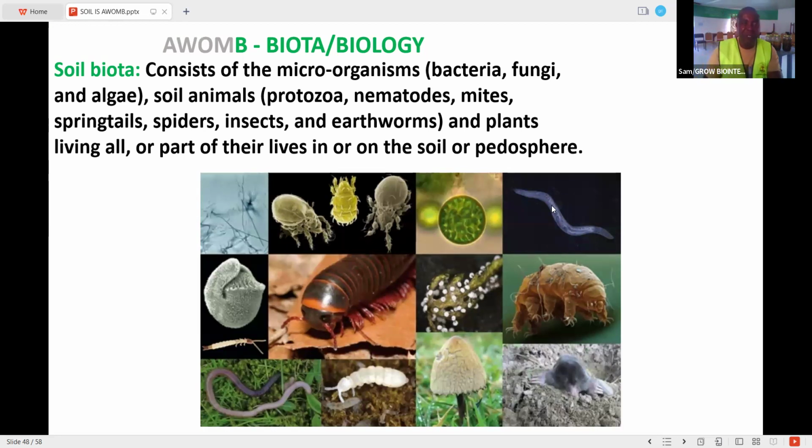Lastly, last but not least, biota. That's the biology of the soil. When you talk of biology, you're talking about life that is there in the soil. And those are organisms, the microbes that are there in the soil. And we are going to talk about them one by one. We have bacteria, fungi, algae, protozoa, nematodes.